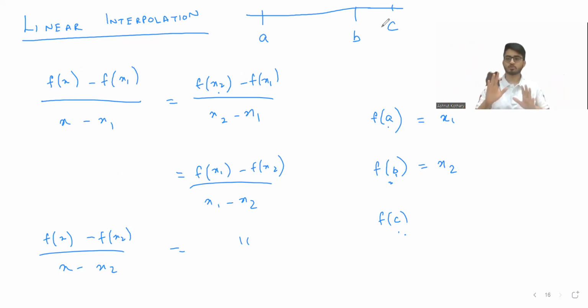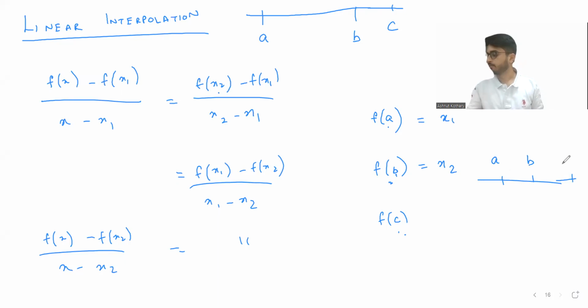Avoid using it. So my point is, let's say you know the value of a function at point A, at point B, and at point D, and say you need to find the value of the function at point C. There are two ways to do it. Rather, I will say three ways.